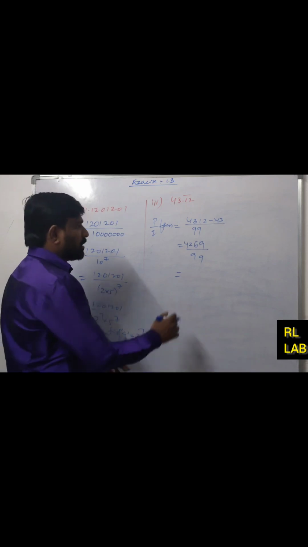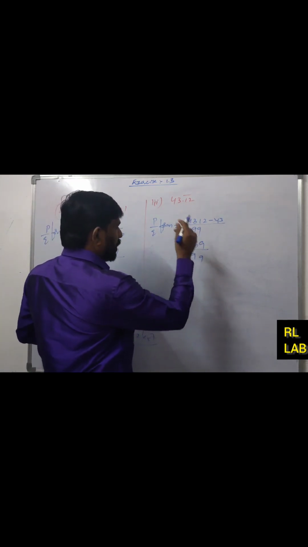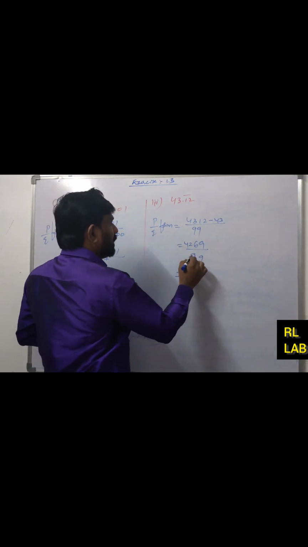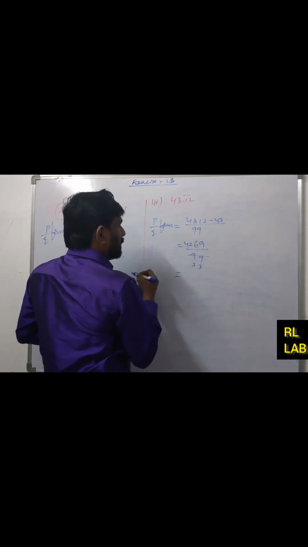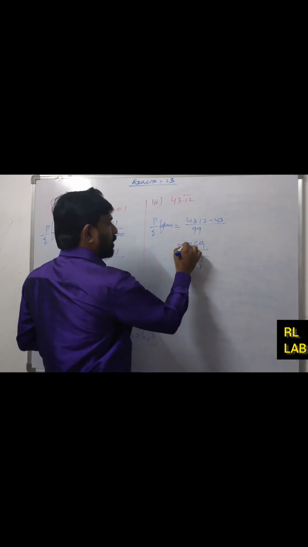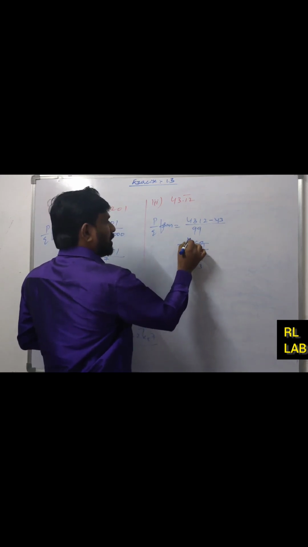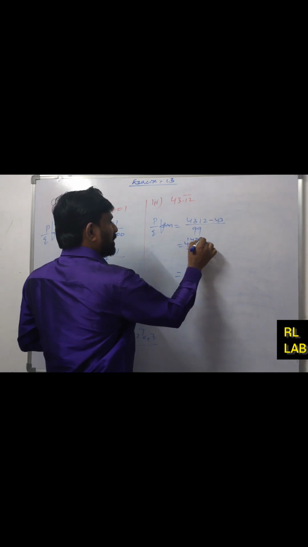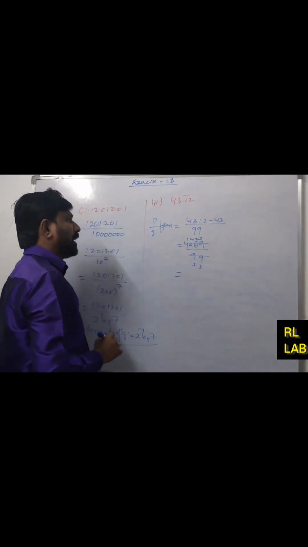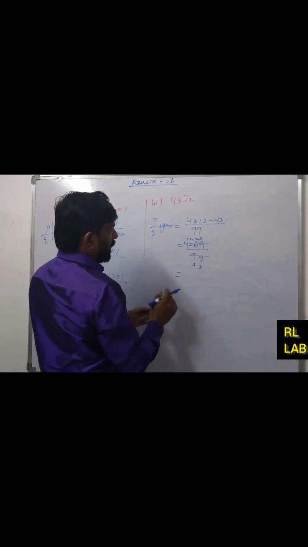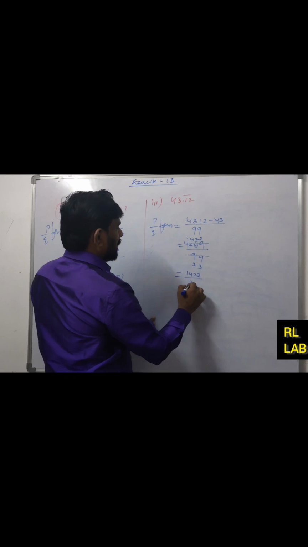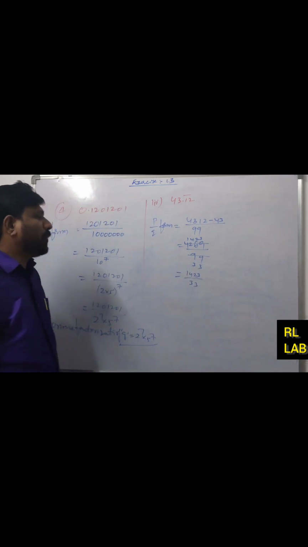So 3 3s are 9, it goes in the 3 table. Let's check: 4269 divided by 3 is 1423. So 5 plus 5, 10, it won't go in the 3 table. So that's all. 1423 by 330 is the P by Q form of 43.124 bar.